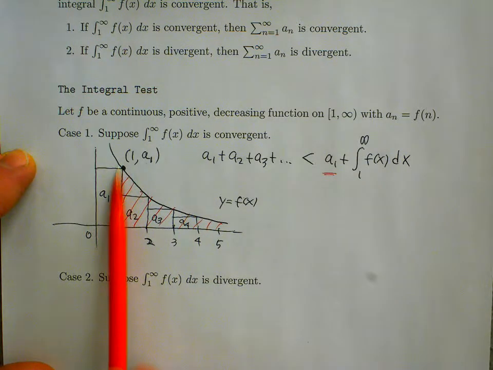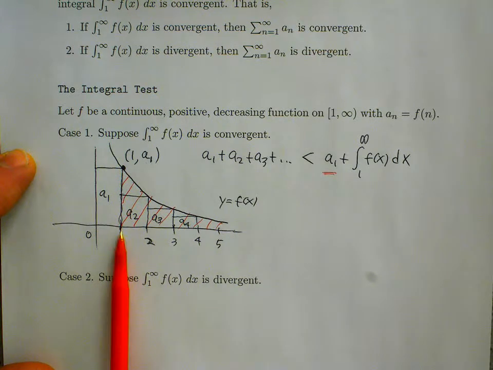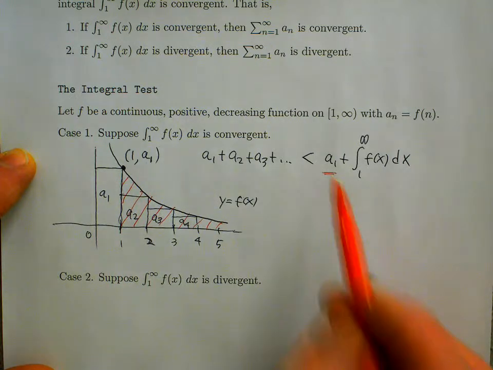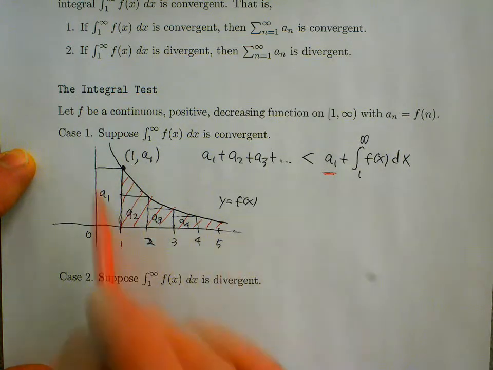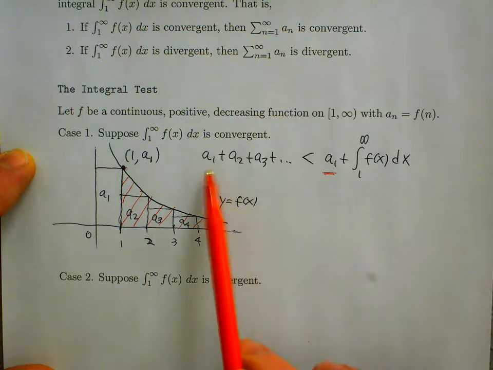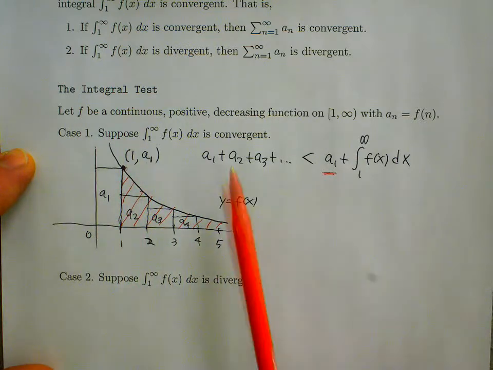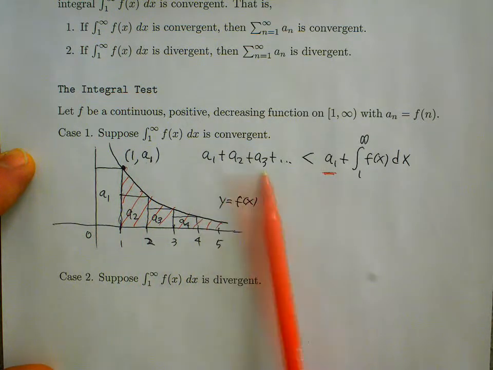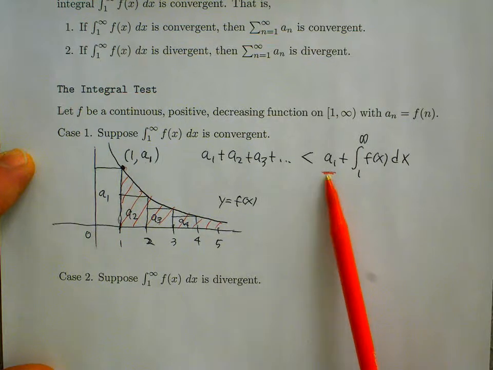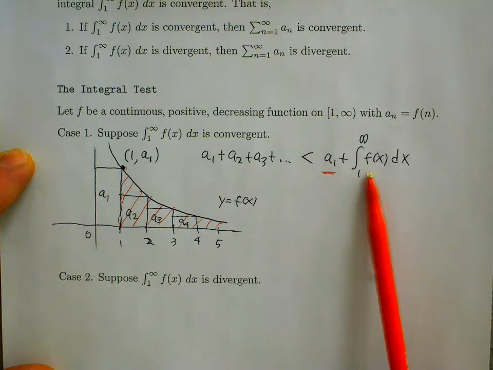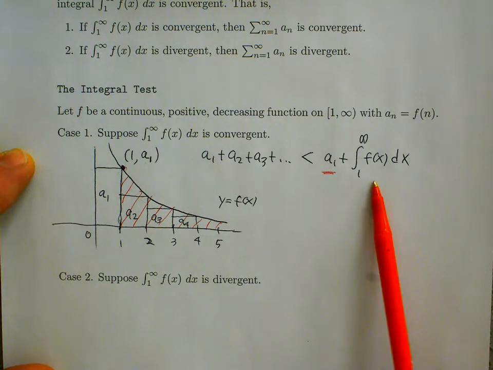But we're starting the rectangles to the left of x equals 1. So if I just add that area to this, and all of the rectangles are below the graph of y equals f of x, then this infinite series is less than a finite number plus a finite number, because this is convergent.